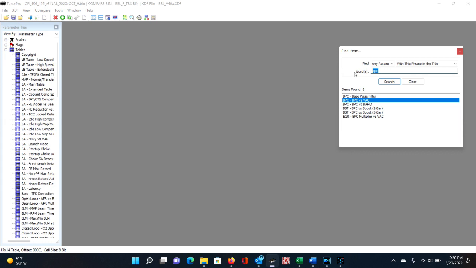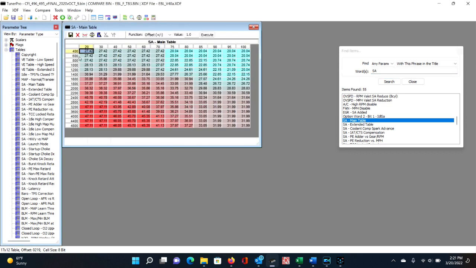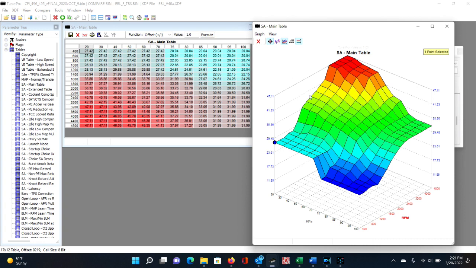So let's go in and talk about SA, Spark Advance. So we're going to come in here and I'm going to pick up the SA table. We'll start with the main table. That's probably the best one to look at. So here's what my spark table looks like. Again, to orient folks, 50 to about 75 kPa is in around idle.